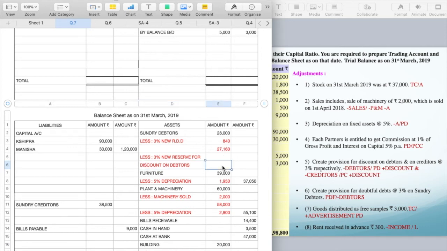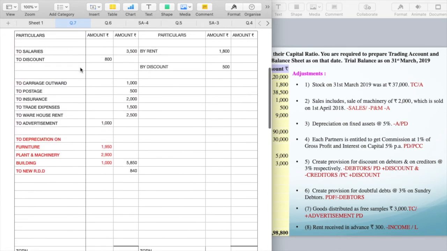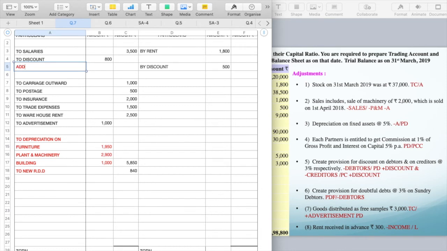So I'll round it off to 815. So from 27,160 we'll minus 815, we'll get an answer 26,345 in the outer column. The second effect of the same will go to profit and loss account debit side. Add new reserve for discount on debtors 815. So the balance will be 1,615 in the outer column.